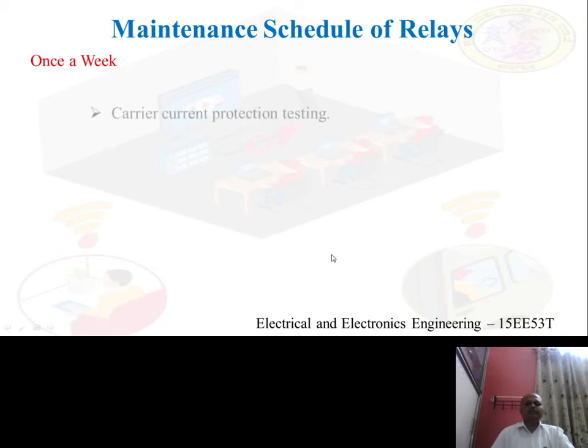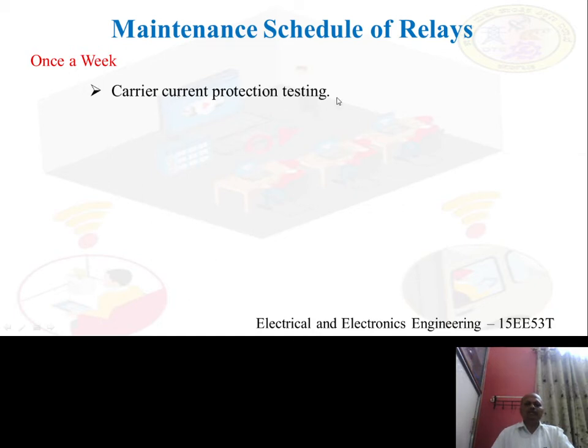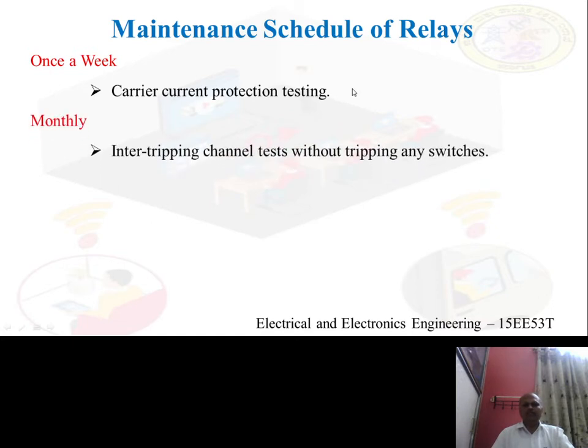Next one is once in a week carrier current protection testing. We have to do a carrier current protection test once in a week. Once in a month, inter tripping channel test without tripping any switches.